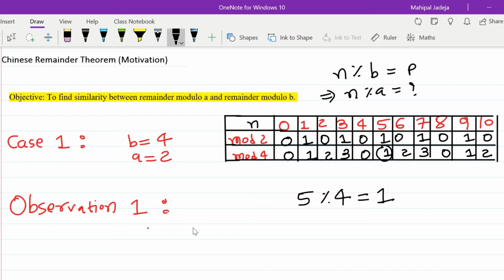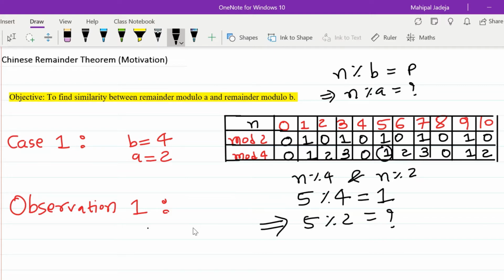Given this information, what can I say about 5 modulo 2? This is the question. So the similarity between n modulo 4 and n modulo 2 depends upon how specifically I can answer this particular question.